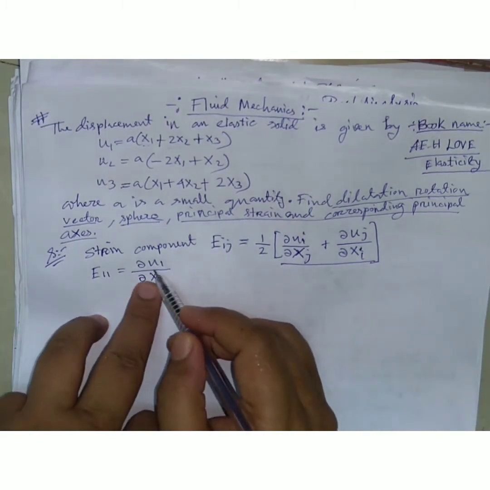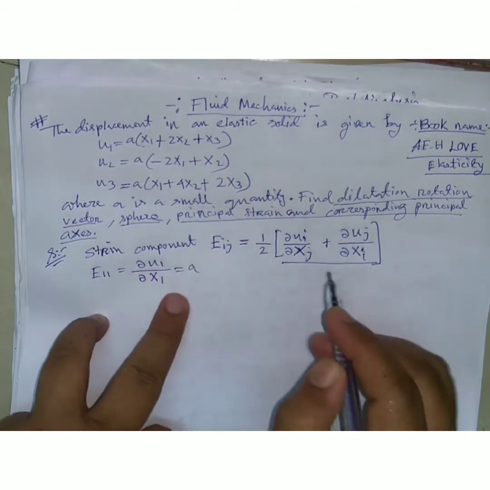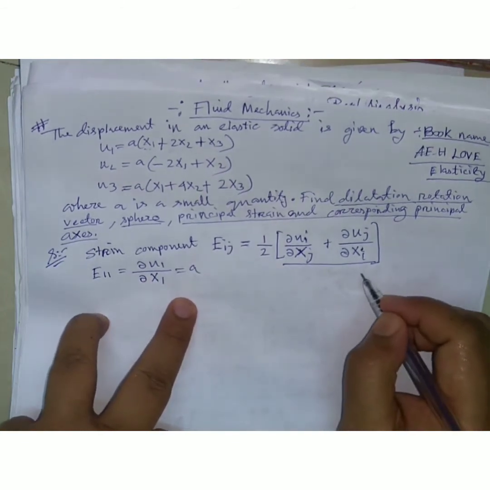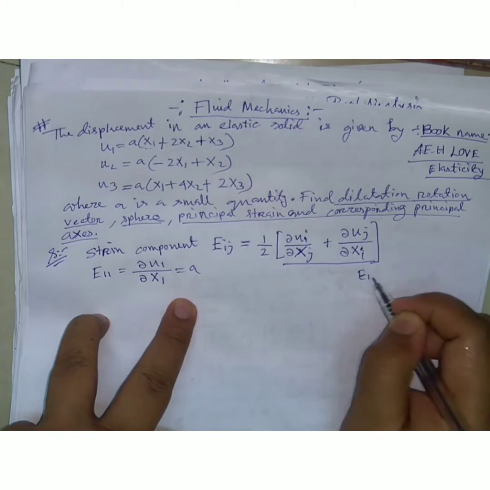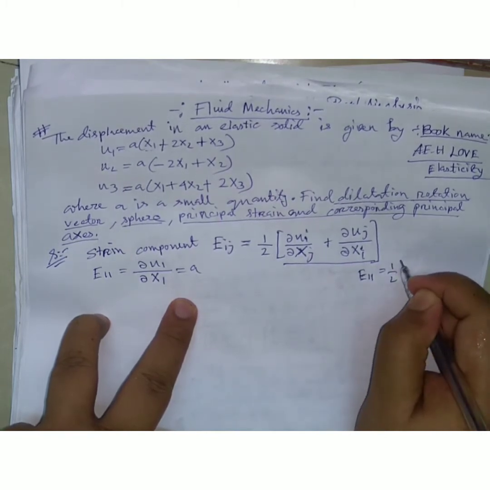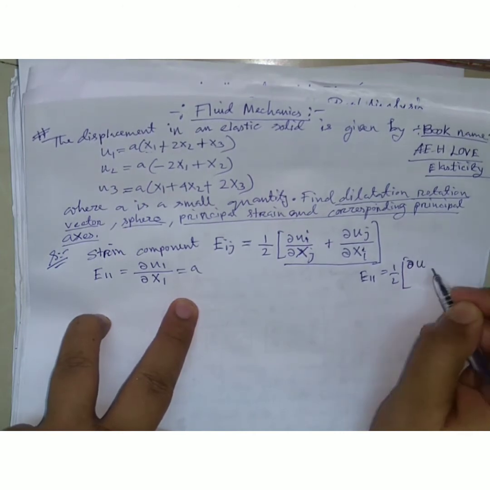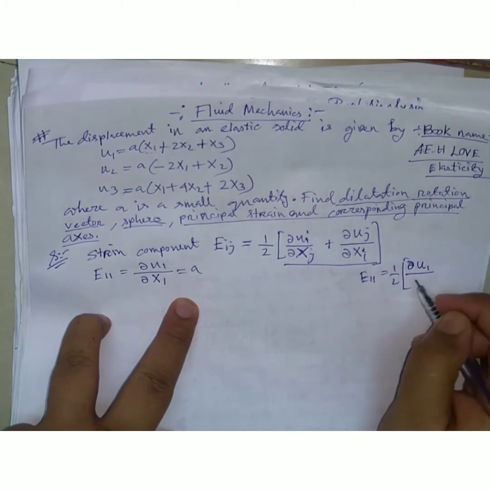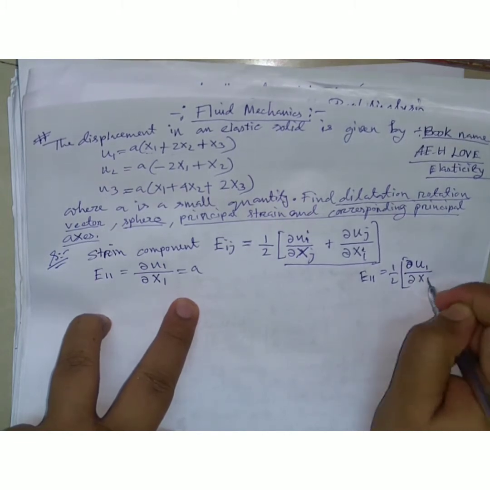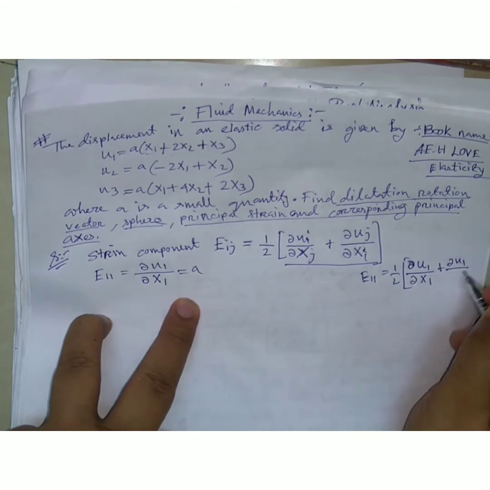Why is del u1 divided by del x1 equal to a? Because when we get E11, it is half into del u1 divided by del x1 plus del u1 divided by del x1.